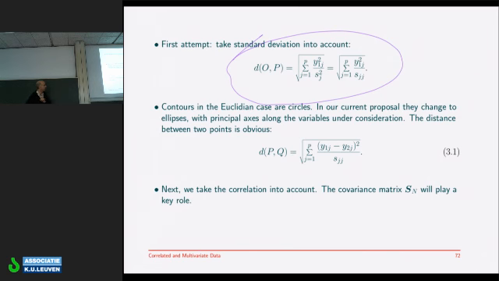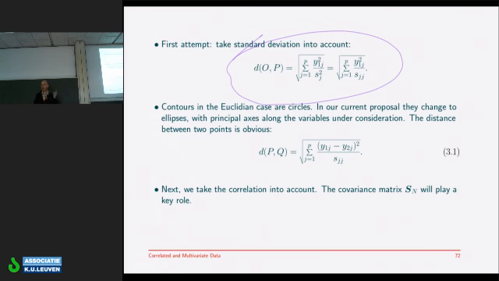If I go from centimeters to millimeters, Y inflates by a factor 10 because 1 centimeter becomes 10 millimeters. 1.2 centimeter becomes 12 millimeters. So Y inflates by a factor 10, Y squared by a factor 100, S squared by a factor 100, and that cancels. So like a correlation, this distance is properly calibrated because honestly the units are not important.